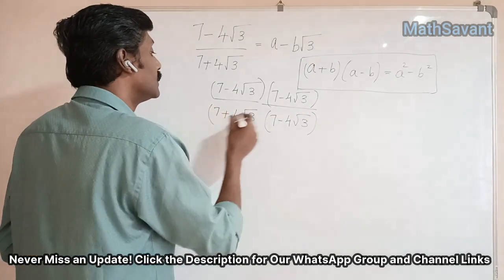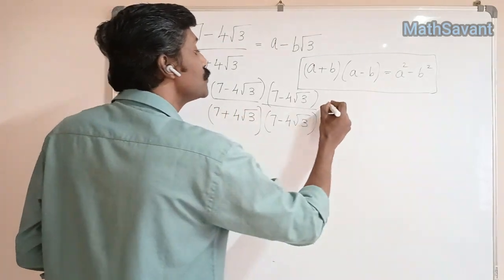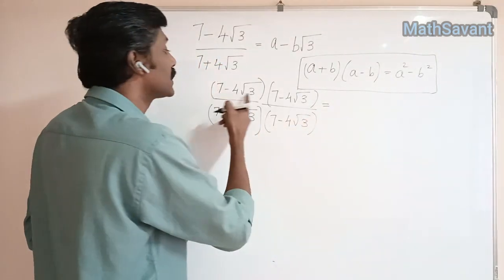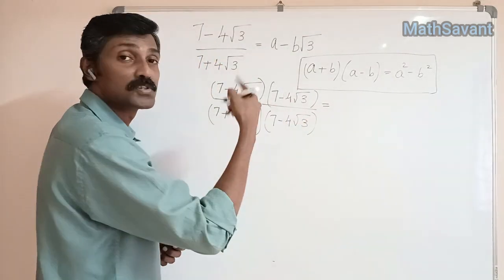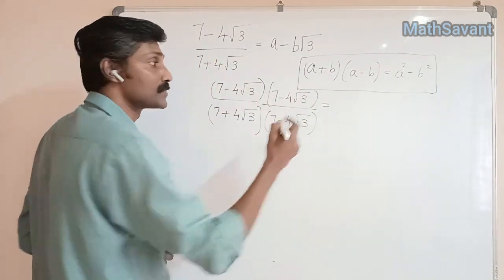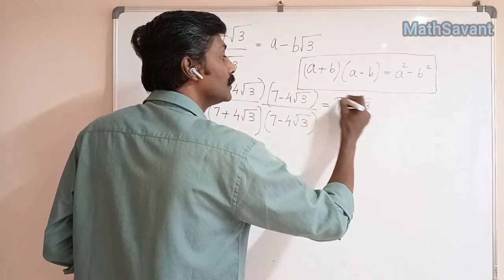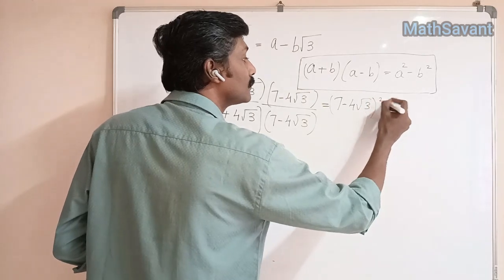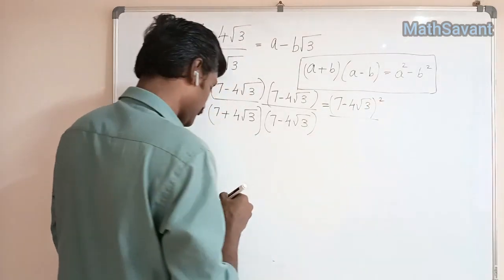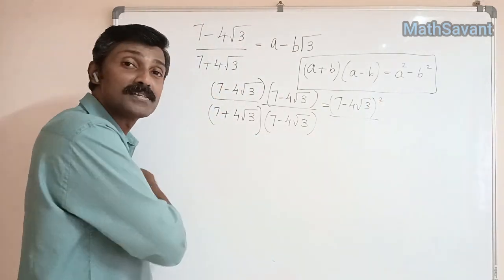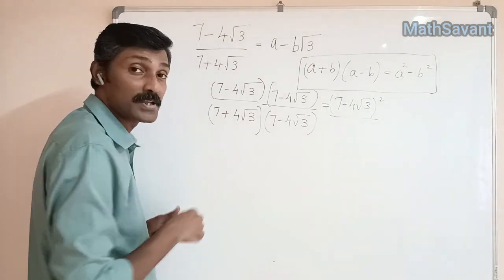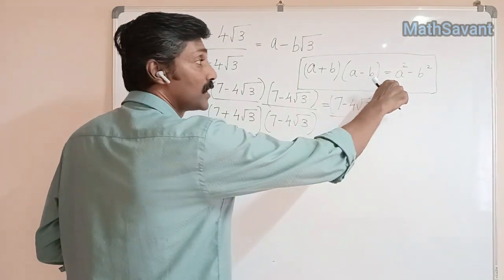Now what happens? We see that in the numerator, this becomes (7 minus 4 root 3) the whole square because it is multiplied 2 times, correct? Divided by, and what happens in the denominator? This is (a plus b) into (a minus b), so it is a square minus b square.